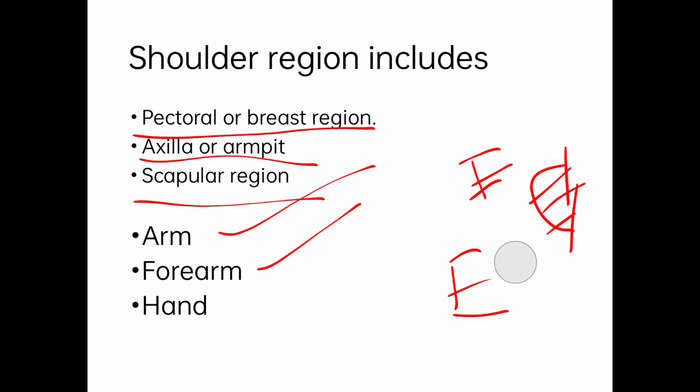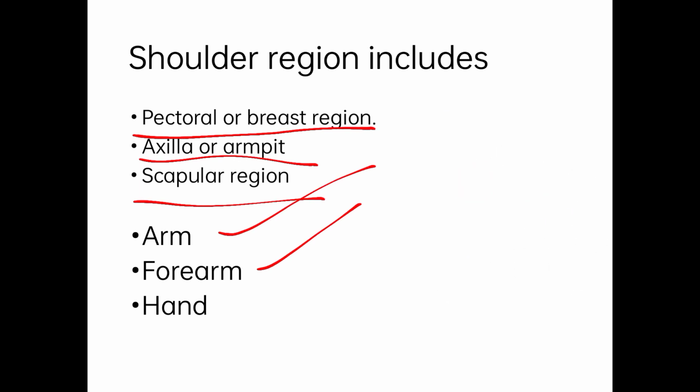Now the other movement of elbow joint is pronation and supination. In mid flex elbow, the palm faces upward, that will be supination. When the palm is facing downwards, that will be pronation. During pronation, radius rotates around the ulnar.